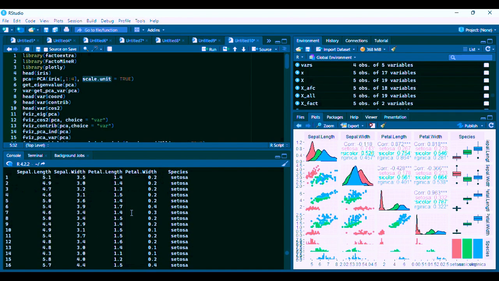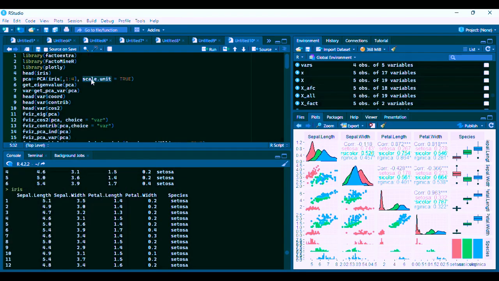This is essential. Why? We need to scale, or use, for example, the scale function to transform the data, because this is essential when variables have different measurement ranges or units, as is the case here, or the case of physicochemical parameters.